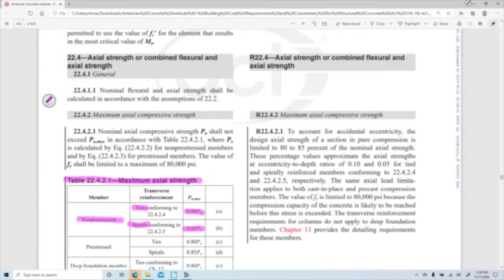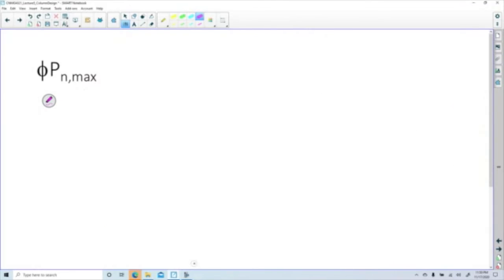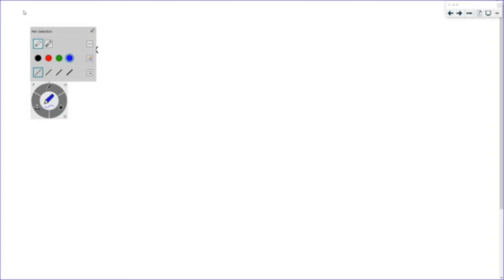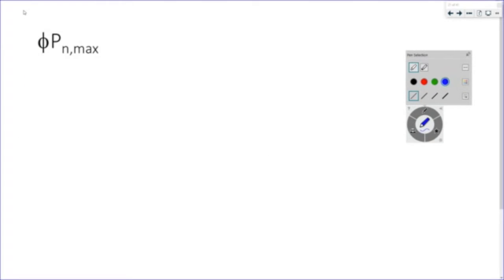And then this is your PN max. So really for our PN max, we need to chop off our interaction diagram. I'll show you what we're talking about. But we don't want to use the PO that we calculated.